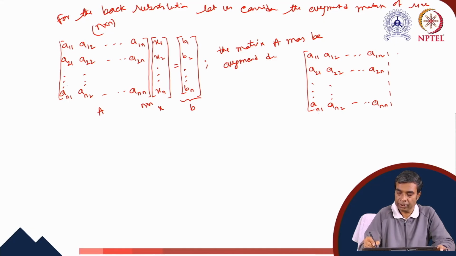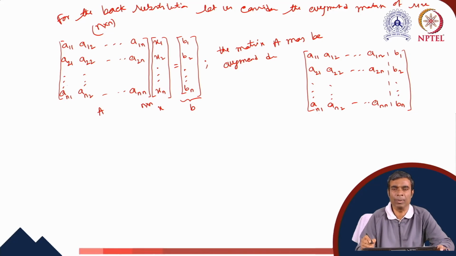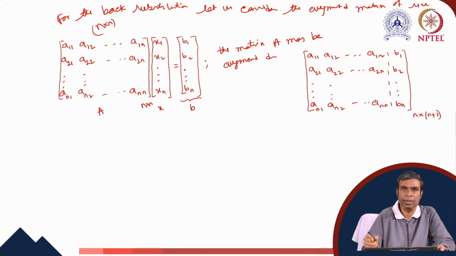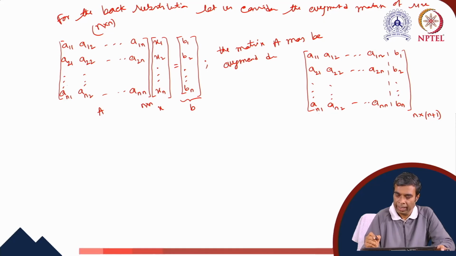Then we can insert the column vector for the right hand side as b1, b2 up to bn. So this matrix now has one extra column, so it is of order n into n plus 1. These last terms, the column vector in the last, we can represent in terms of A. So we can write them as A1 n plus 1, A2 n plus 1, An n plus 1. So this is the augmented matrix.